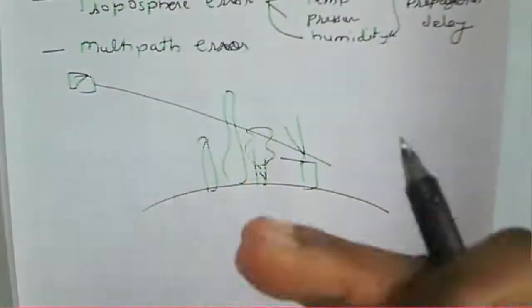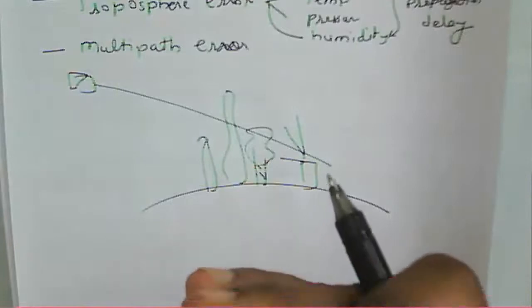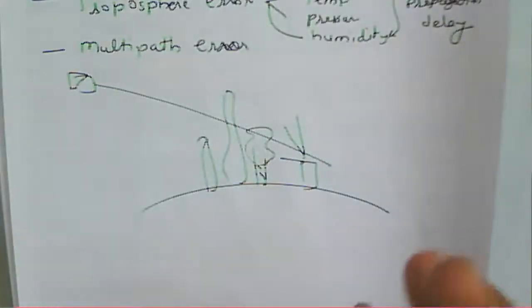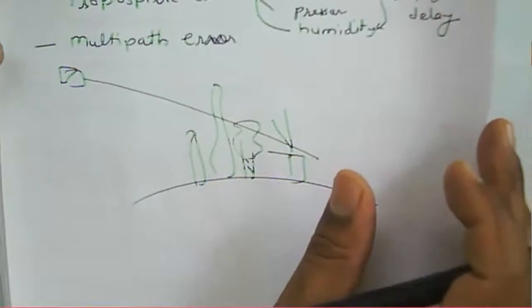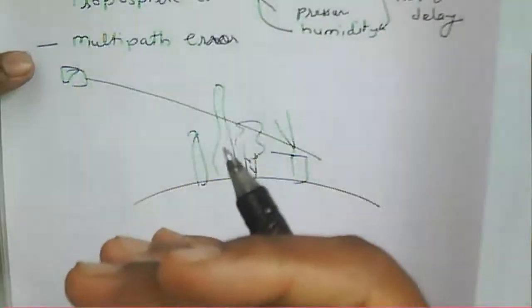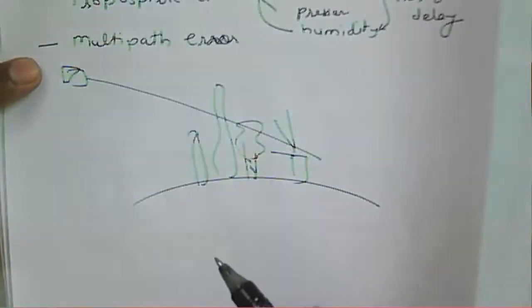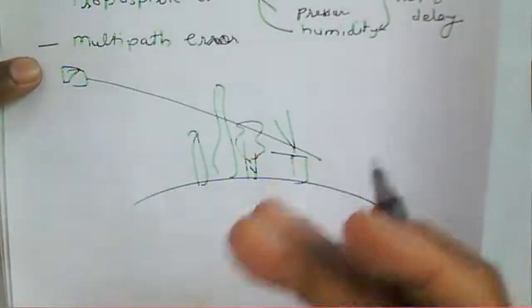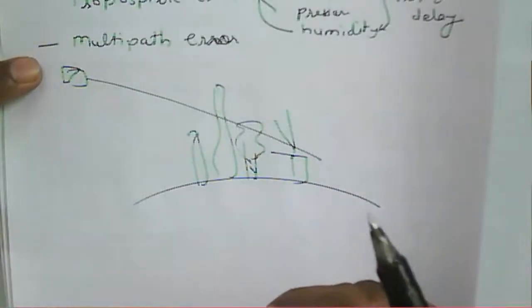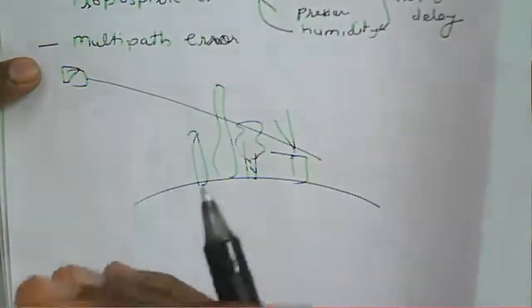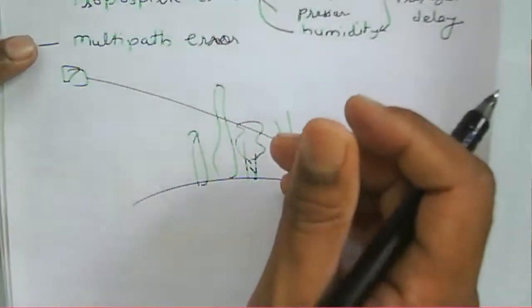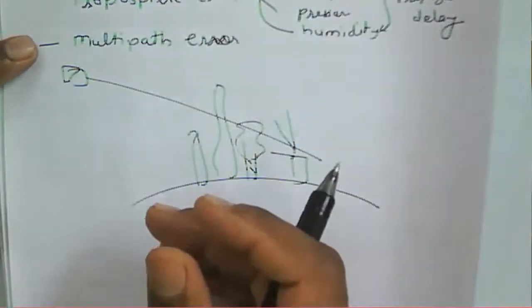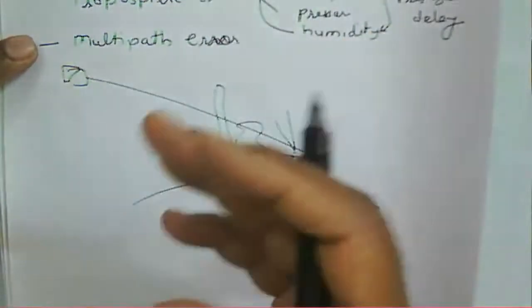And then the receiver has some noise because of components and the signal components. Likewise, we have a lot of errors related to which direction the signal is received from, as per the geometry of the receiver: what is the position of the receiver, whether it is vertical, horizontal, or something else. According to that, there will be noise, and that noise is called satellite noise, or you can say receiver noise.